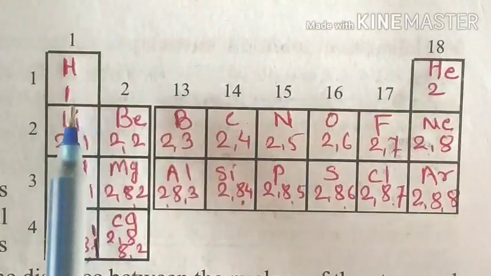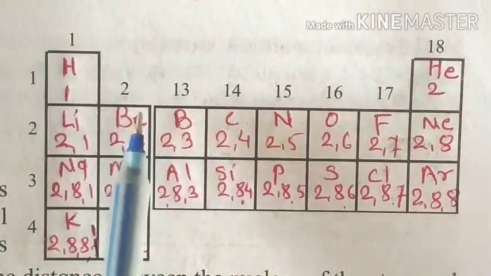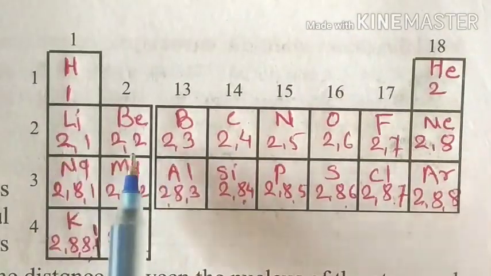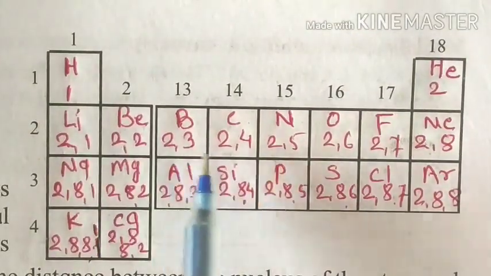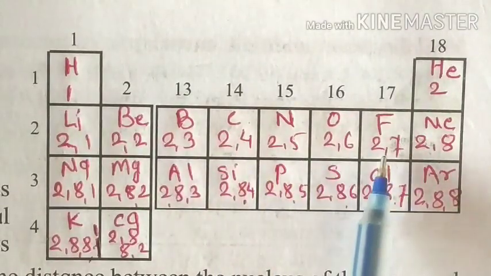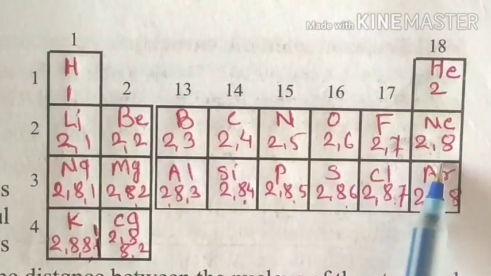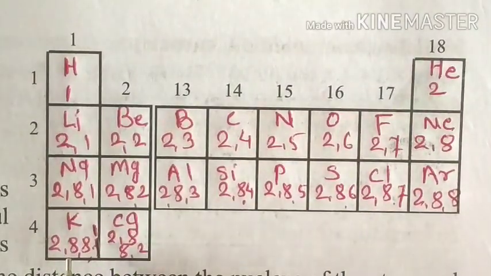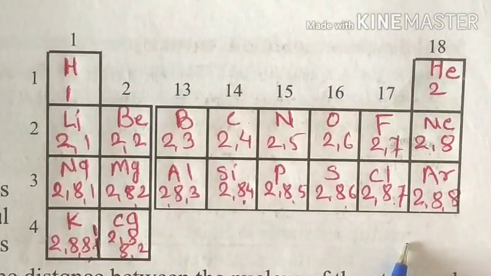From hydrogen, 1, then helium 2, lithium 2, 1, beryllium 2, 2, boron 2, 3, carbon 2, 4, nitrogen 2, 5, oxygen 2, 6, fluorine 2, 7 and neon 2, 8, then sodium up to argon, then potassium and calcium, just like this.